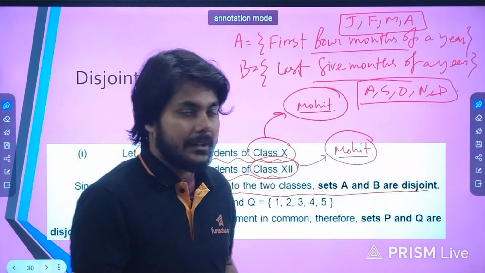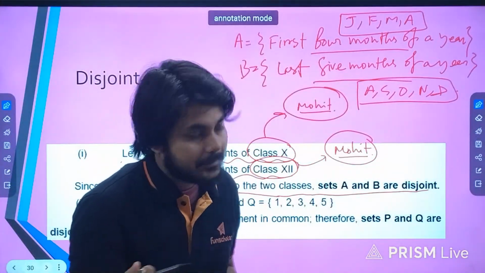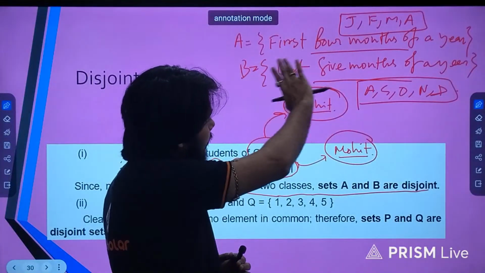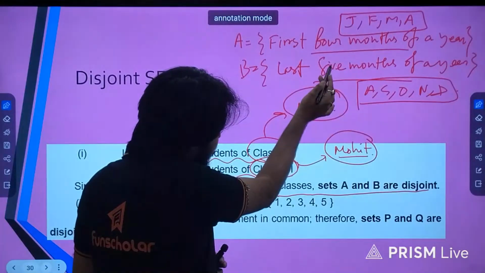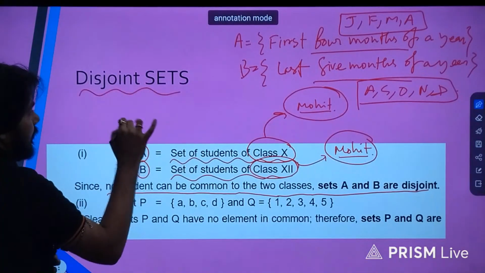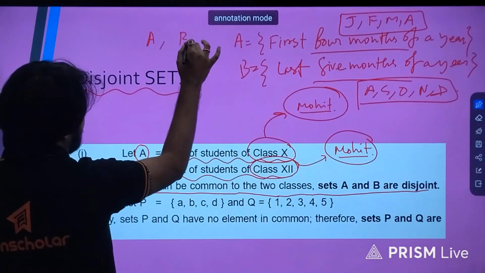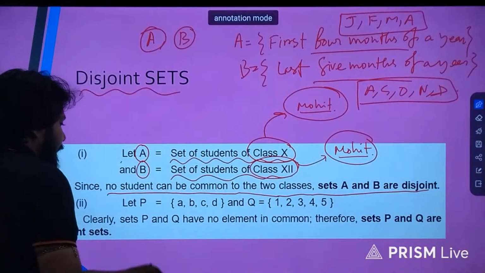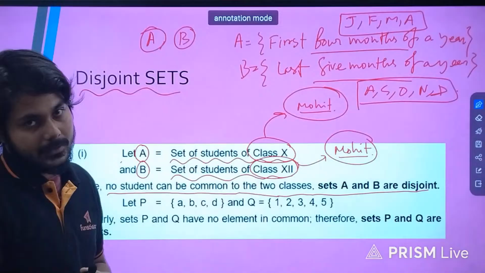Is there any element in the two sets that is similar to each other? No. There are 4 different months and these are 5 different months. These two types of sets will be termed as disjoint sets. And I can say that set A is disjoint to set B, or set A and set B are disjoint sets of each other.